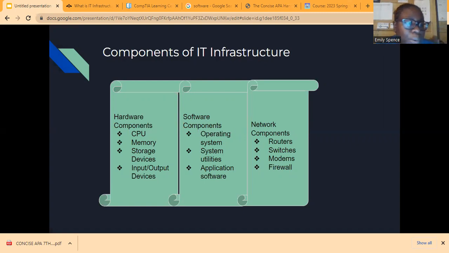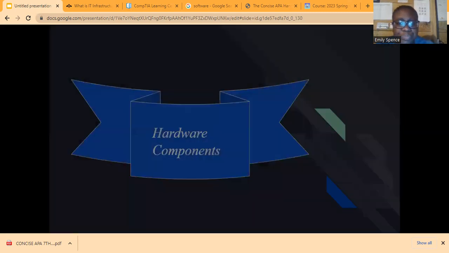For hardware components, we have the CPU, memory, storage devices, input-output devices. Software components: operating system, system utilities, and application software. For network components, we have modem, routers, switches, and firewall.